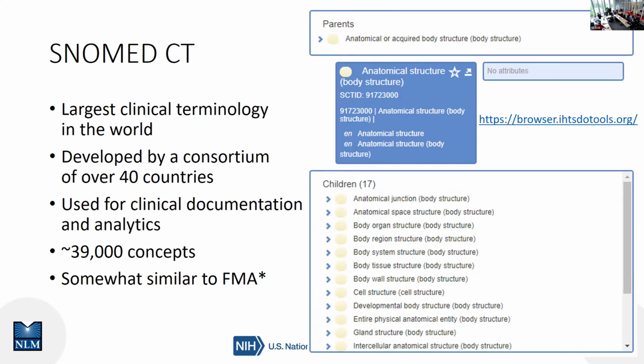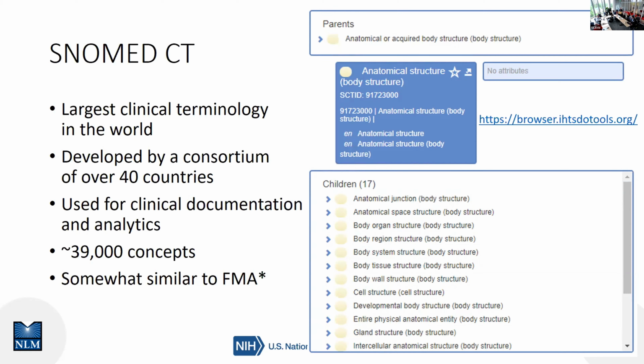These things need to be represented in clinical terminology, and that's the reason why SNOMED goes beyond what's in the FMA to also represent how we describe anatomy after part of the organ has been removed or in abnormal circumstances.